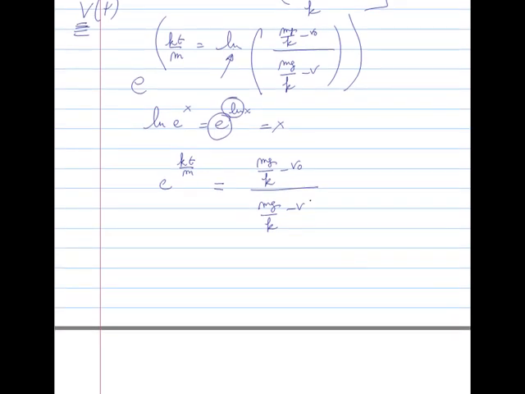Okay, so I'm almost there. Now let's multiply both sides by this term. I have mg over k times e to the kt over m minus v e to the kt over m is equal to mg over k minus v naught.